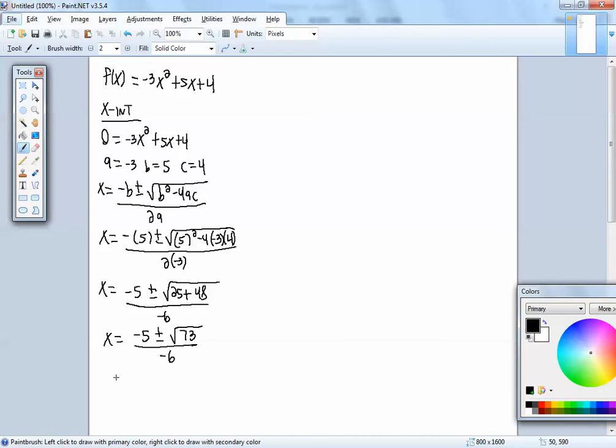So our x-intercepts would be negative 5 plus square root of 73 over negative 6, comma 0, and negative 5 minus square root of 73 over negative 6, comma 0.